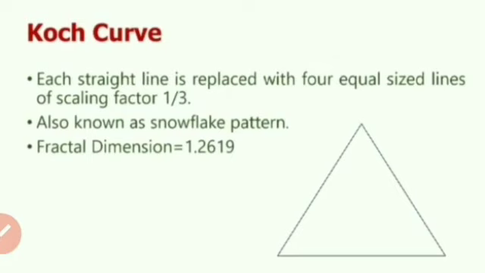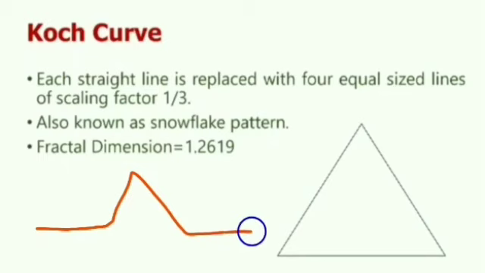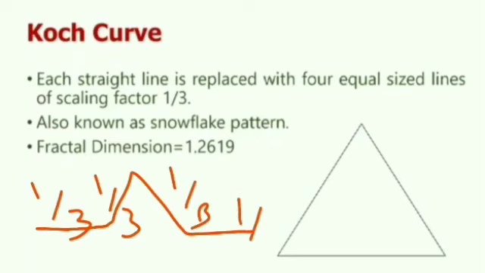Okay, let me show you. Each of the lines is divided into 4 equal parts like this, having the scaling factor as 1 by 3 for each of the parts.